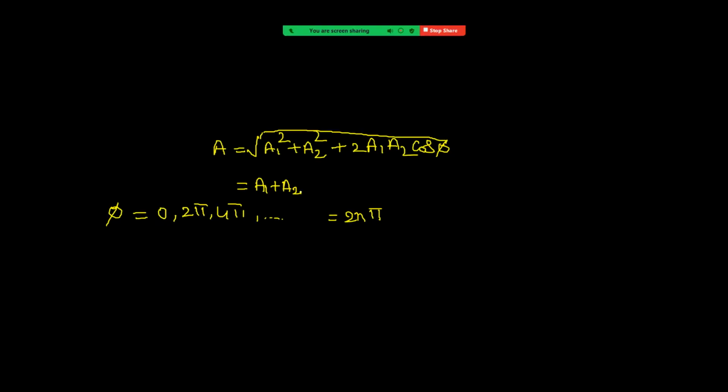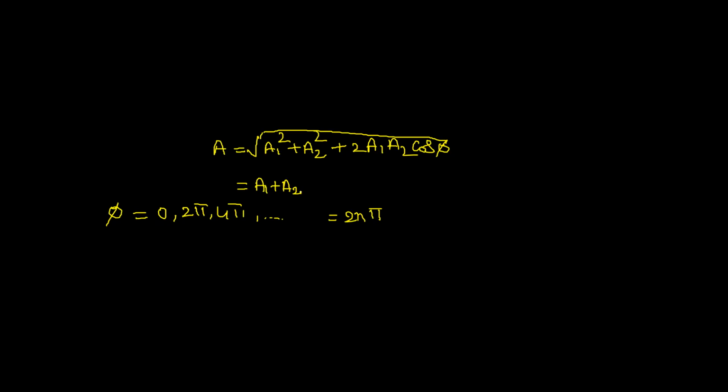I am repeating, whenever the phase difference equals 0, 2 pi, 4 pi and so on, so generalizing, if the phase difference becomes 2n pi, then the amplitude of the resultant wave will be maximum. This is what we call constructive interference.